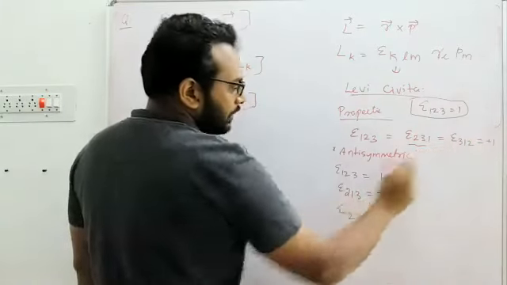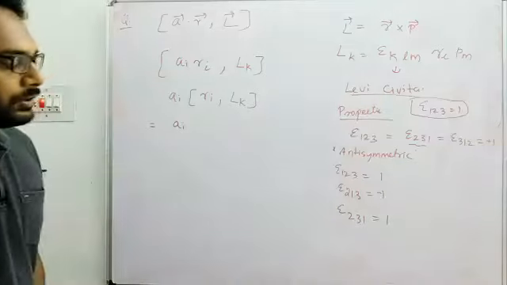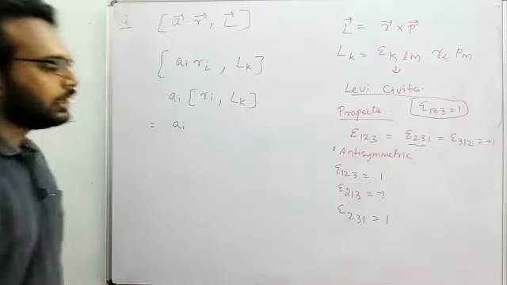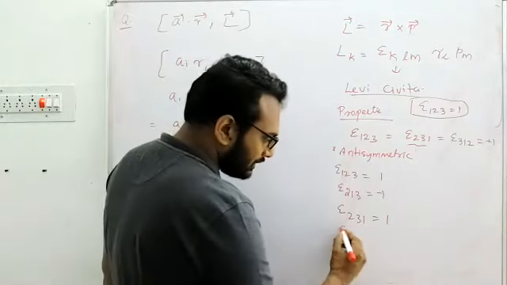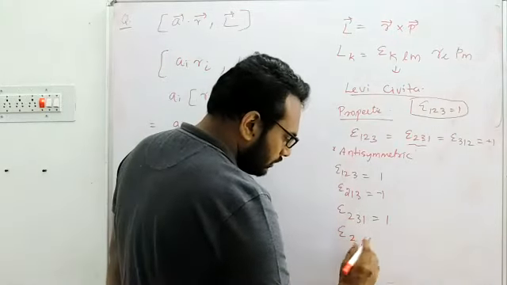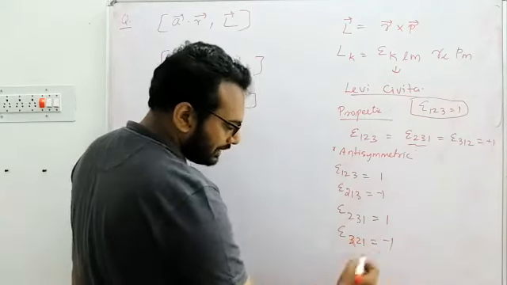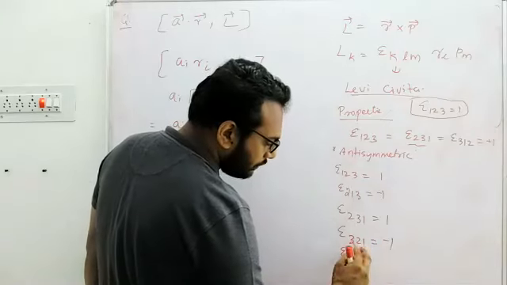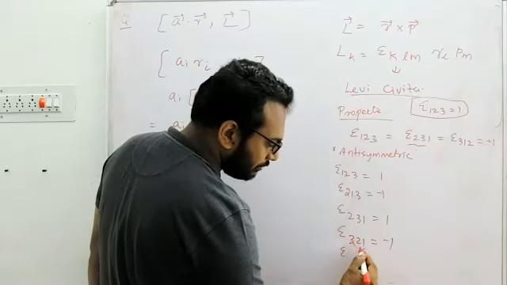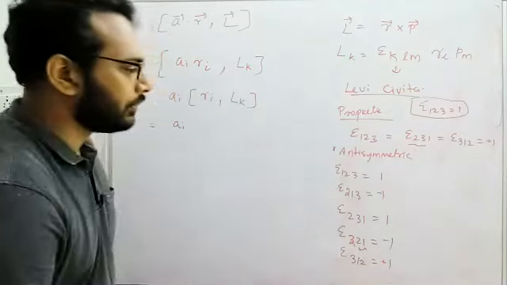Similarly, you can get epsilon 3, 1, 2 by two changes from epsilon 1, 2, 3, or two changes from epsilon 2, 3, 1. If you make one more change, epsilon 3, 2, 1 is equal to -1 because of an extra minus sign, and if you make one more interchange, 3, 1, 2 again is equal to +1. This is how the property goes.